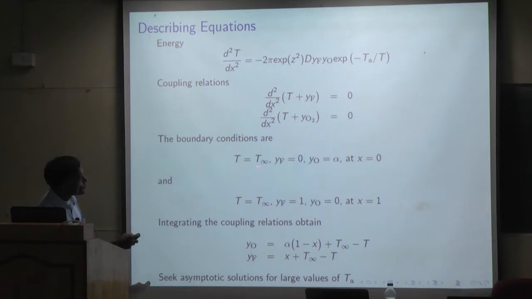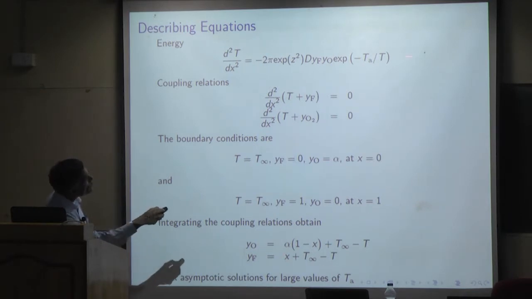So now those are the boundary conditions: T equals T infinity, Y equals 0. And now it turns out that you can integrate these two equations. If you integrate them, you get these coupling relationships. This couples the oxygen to the temperature, and this couples the fuel to the temperature. So in principle, I can take Y_O in terms of temperature and substitute it here, and Y_F in terms of temperature and substitute that over there.